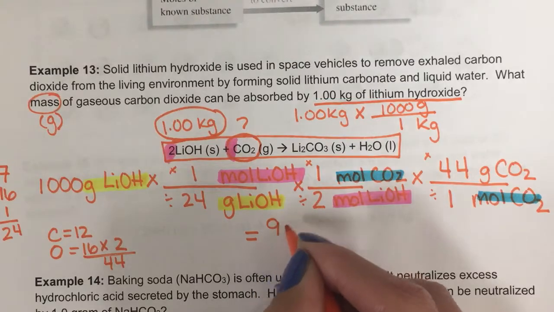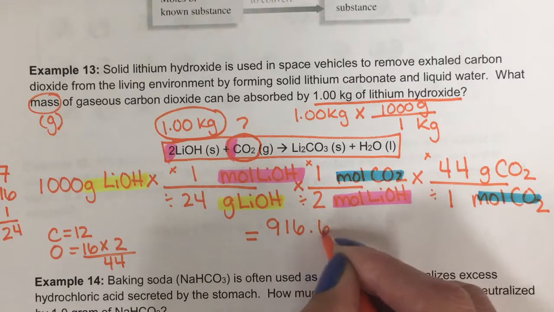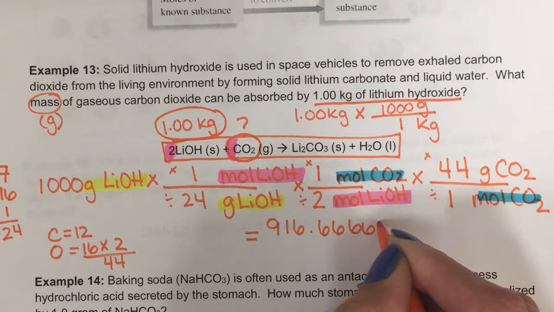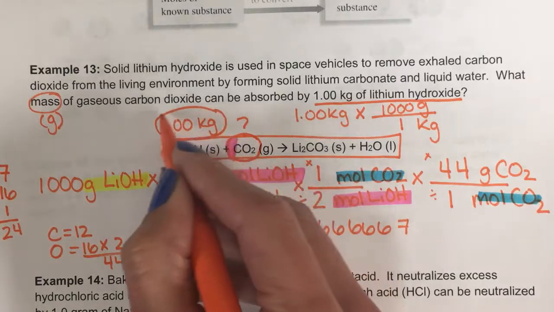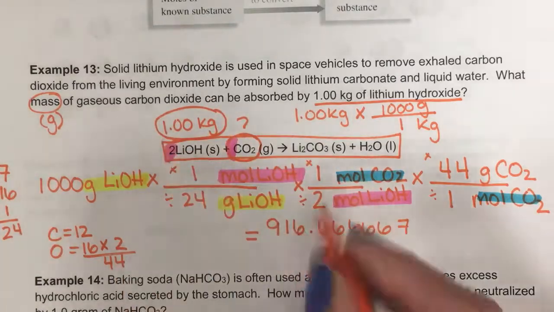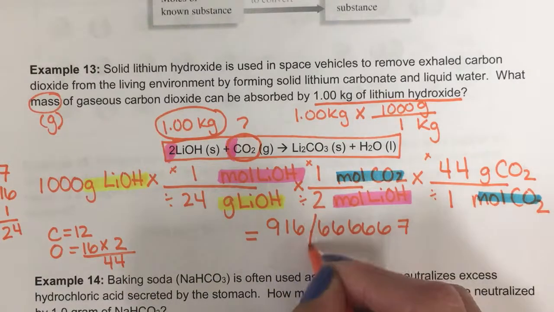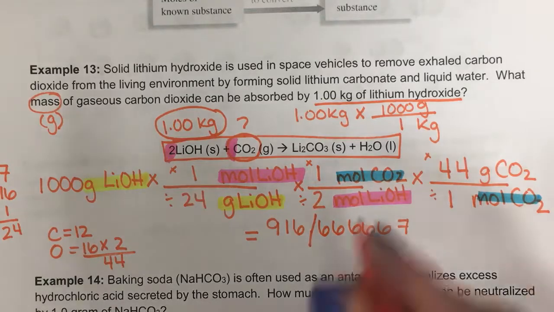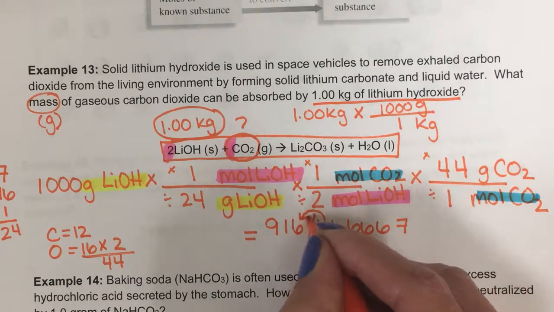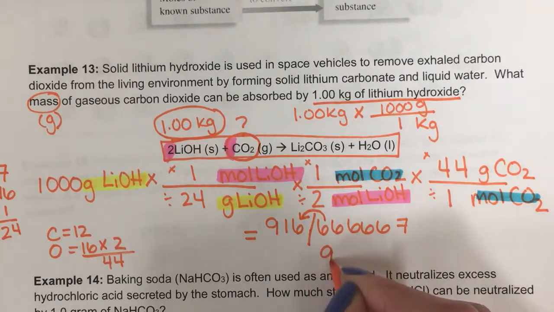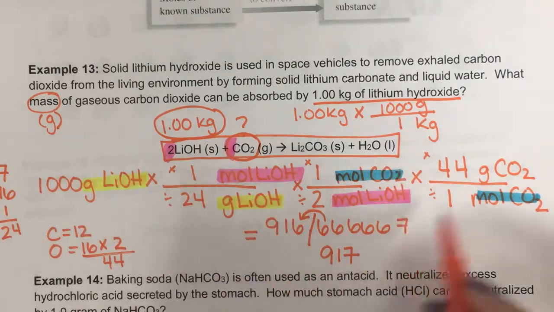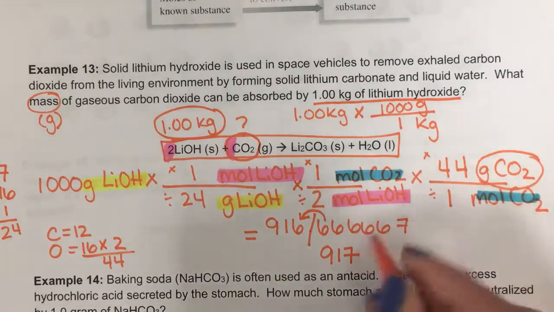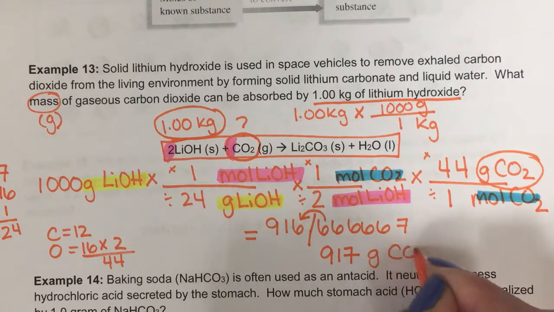I should get 916.666667, something like this. Remember, I only started with 3 significant figures. 1, 2, 3. I'm going to cut it off there. Because this is a 6, I round up. So it becomes 917. Everything canceled out except for grams of CO2.